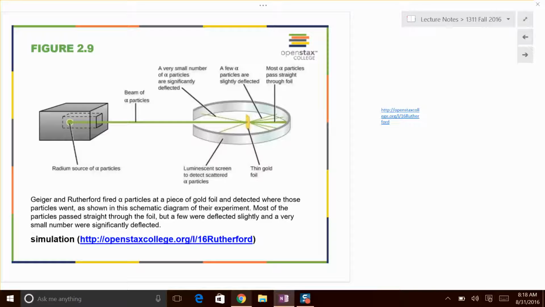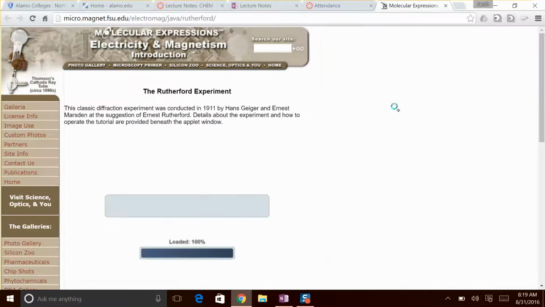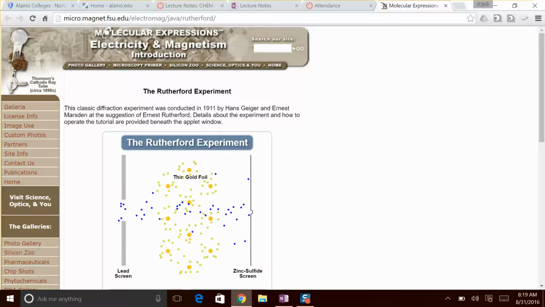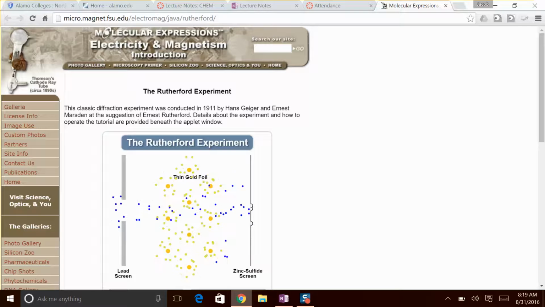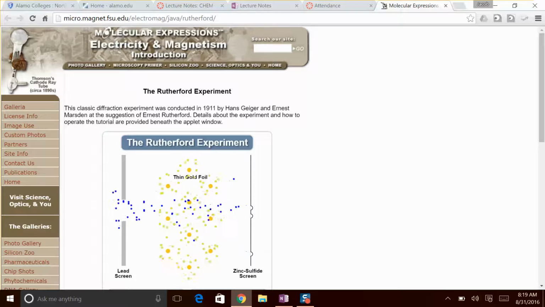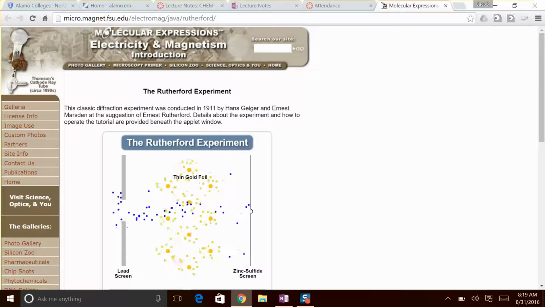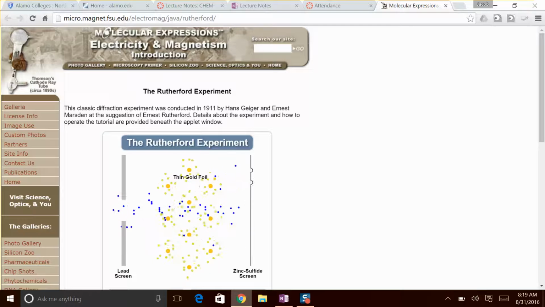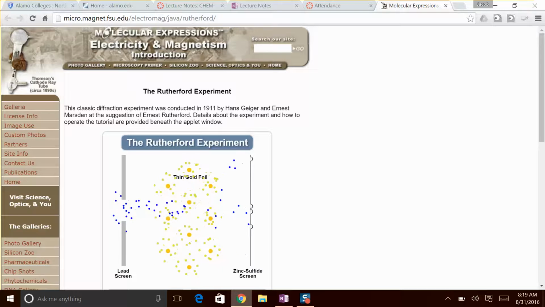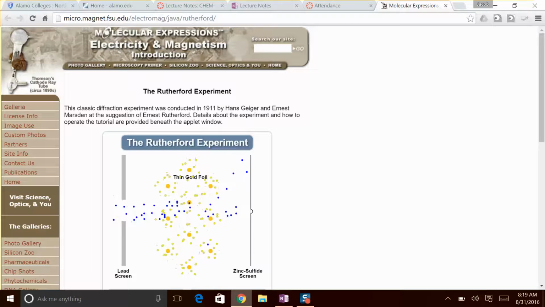Okay, so what's happening? Well, if we look here, this is kind of a simulation of that. Okay, so here's those alpha particles. Here's the gold. Okay, right here in the center of the gold are the nuclei of gold. That's where the positive charges are contained in an atom.